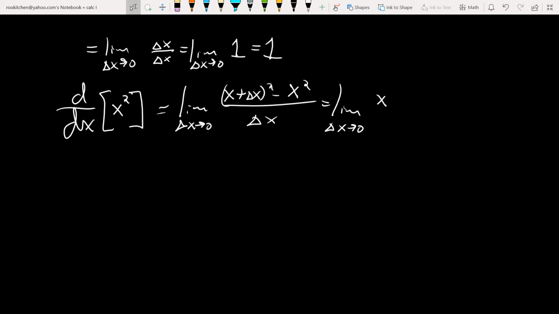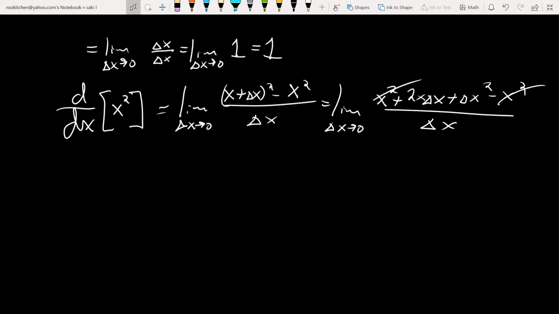If you FOIL, you'll get x squared plus 2x change in x plus change in x squared, minus x squared, all over change in x.